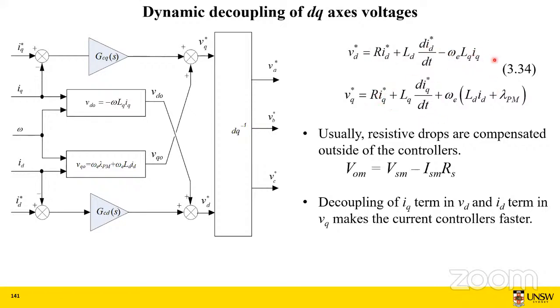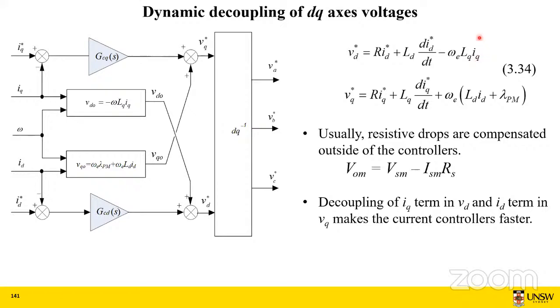And the second half, we have an additional term. This term, if you look closely, is in terms of IQ current, whereas the voltage is VD voltage. Similarly, in the VQ voltage, we have a term which is in the D axis, ID current. So that means these two equations, VD and VQ, are coupled to the D and Q axis, since each has both a D axis term as well as a Q axis term.